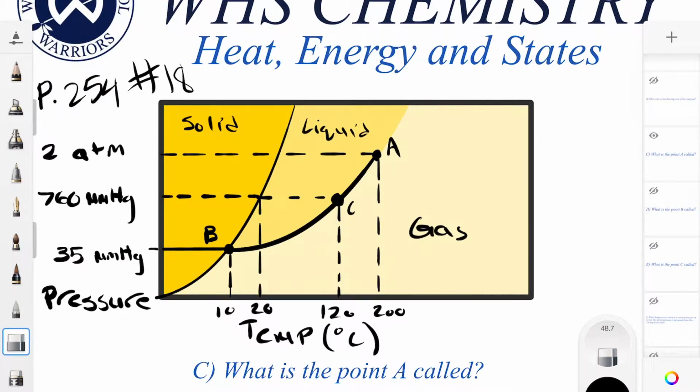So here we have three different points that are labeled on this diagram, point A, B, and C. Now point A here is in the upper region of this diagram, in the liquid region, so we can just call point A liquid, as this part of the graph is in the liquid region, so the compound is not a solid, not a gas, but it is liquid.